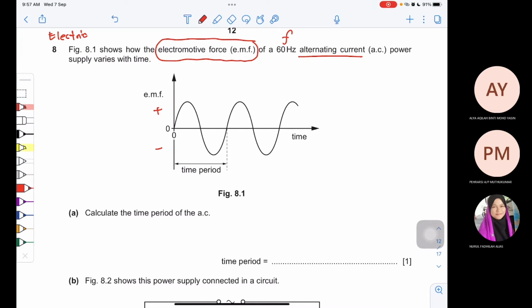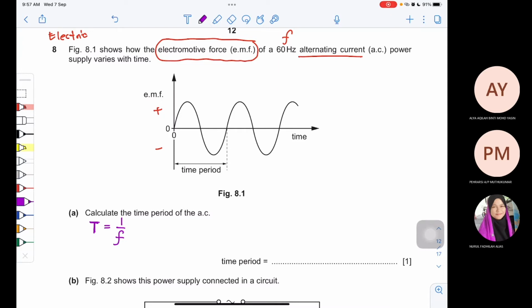Okay, so for this one, you kena tahu ada kaitan antara time period, simbol dia capital T. Period related to frequency this way. Okay, so you have to write that formula first.